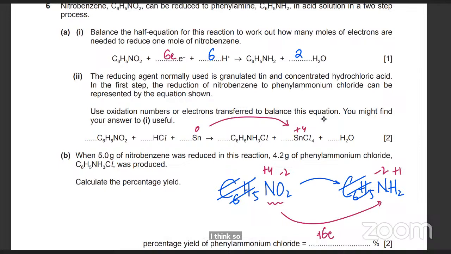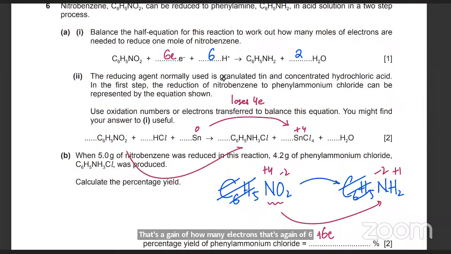So that's gaining how many electrons? It loses 4 electrons, right? और ये भी N का निकाला था, NO2 going to NH2, that's a gain of how many electrons? That's a gain of 6 electrons.